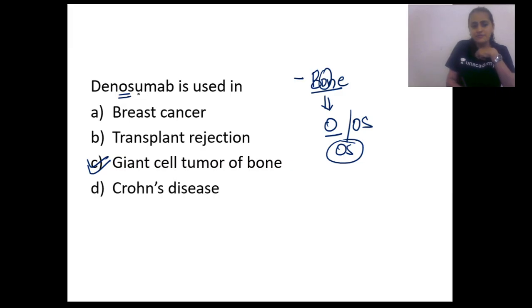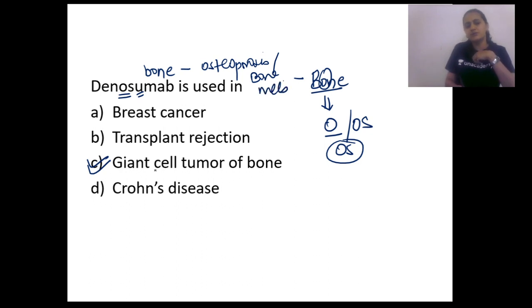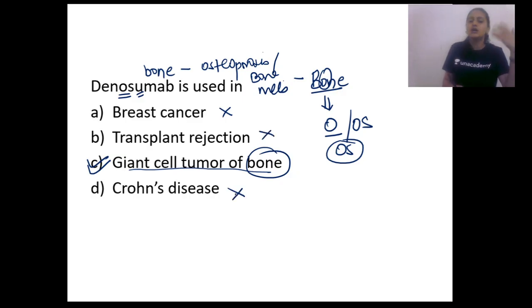So denosumab is a fully human antibody which is used in bone conditions like osteoporosis. It is used in bone metastasis, painful bone metastasis. Similarly, it will be used in giant cell tumor of bone. So it has been approved for giant cell tumor of bone. You can rule out breast cancer because it is not a bone condition. Transplant rejection ruled out. Crohn's ruled out.